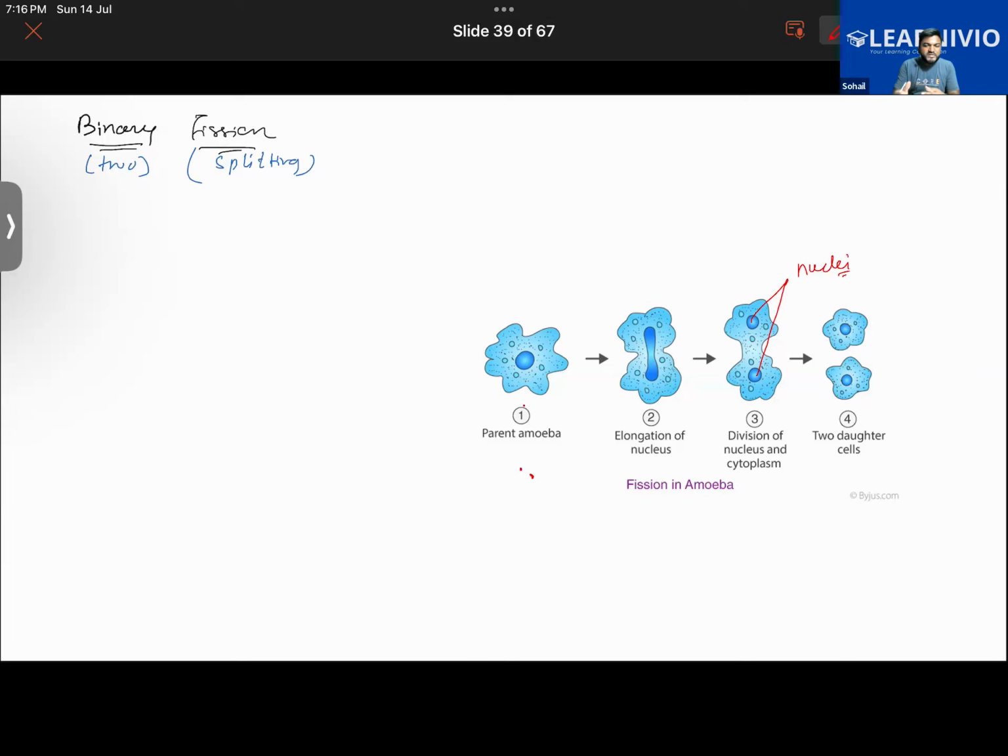Then furthermore, the cytoplasm would also be dividing. In this way, two amoeba cells or two daughter cells are obtained from the single parent cell. That is called fission, or more specifically binary fission in the case of amoeba. So hope you have understood binary fission in amoeba.